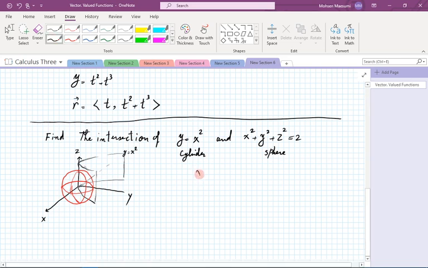Very easy. Suppose you say, well, let's take x to be our parameter t, and obviously from here we see that y will be t squared.